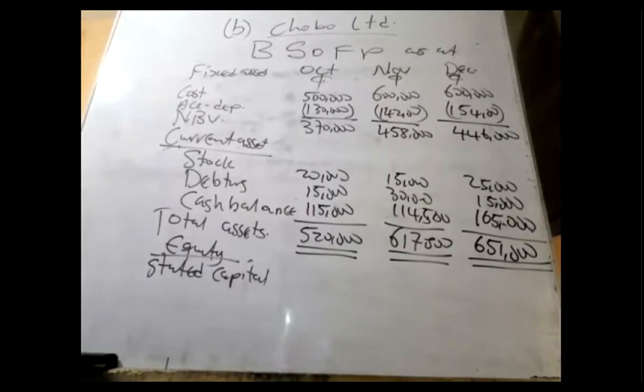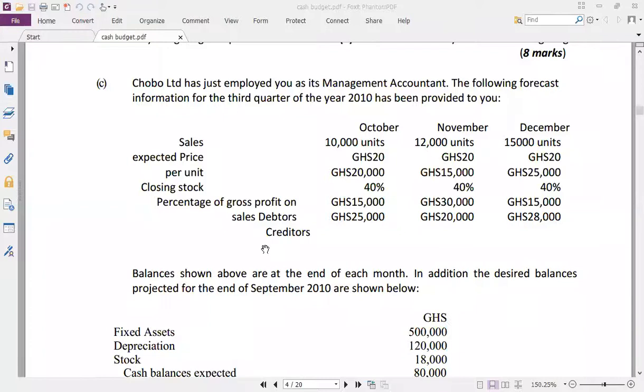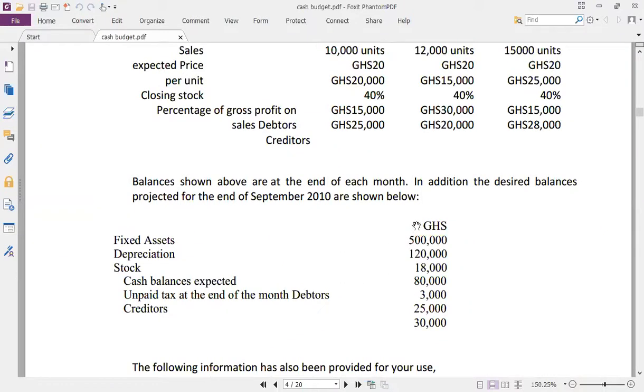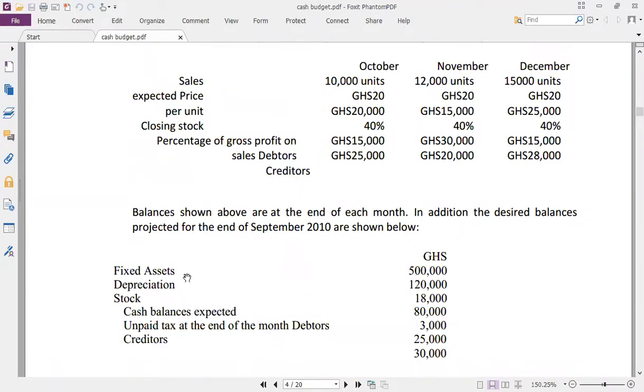The examiner expects you to use the statement of affairs, which is the same as the financial position at the beginning date, the previous date. So just pick only the opening balances, only for September. Don't pick any balance for any month.